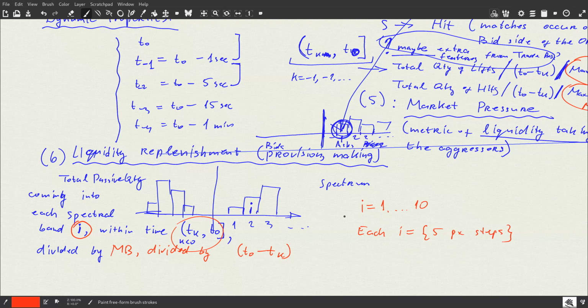So I would suggest to keep exactly the same thing here. So it would be up to 10, in reverse order obviously, up to 10 in bids. So you calculate the total replenishment coming into those spectral bands. So let's call these spectral bands.